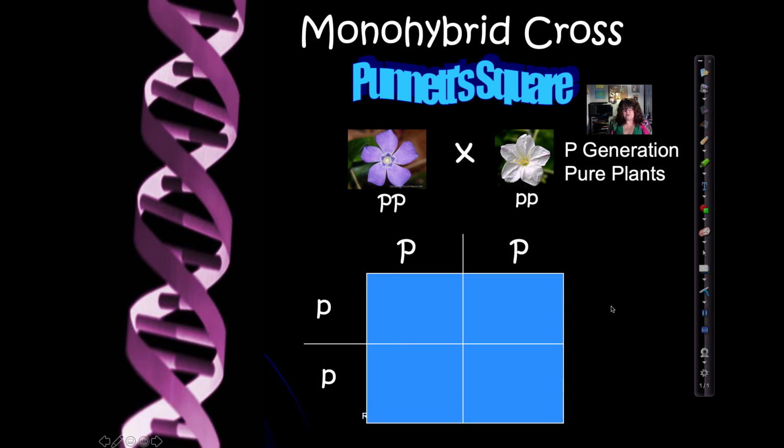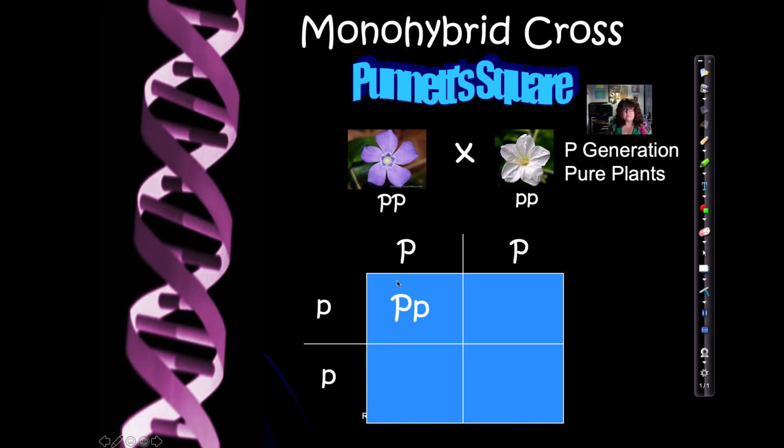Okay, so what you should see is that we always put the capital letter first, we always put the lowercase letter second, and we always put like letters together. So that's the number one rule you've got to remember when doing Punnett squares.